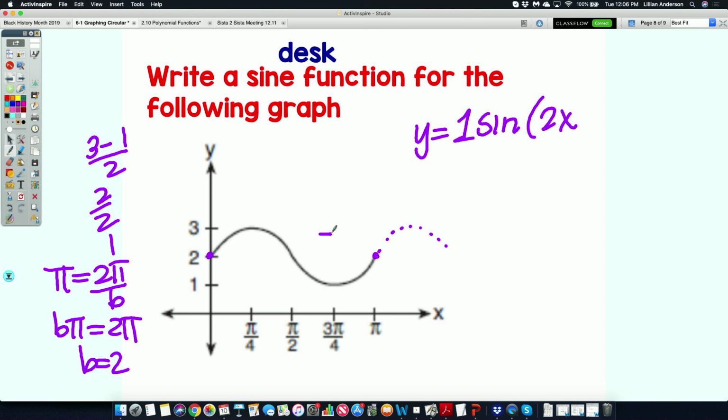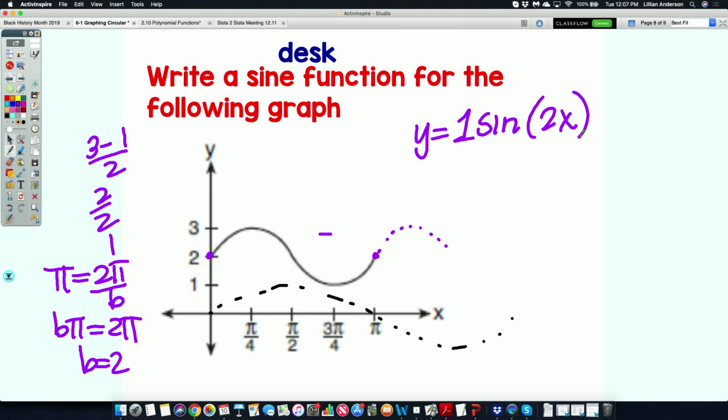Yes? Yes. Now, normally sine starts at 0, 0, and then it continues to go up and then back down and so on. Did this graph get shifted to the left or the right any? No, it didn't. So that meant that it had no phase shift, correct? No phase shift. But it did have a vertical shift because it doesn't start at 0, 0.